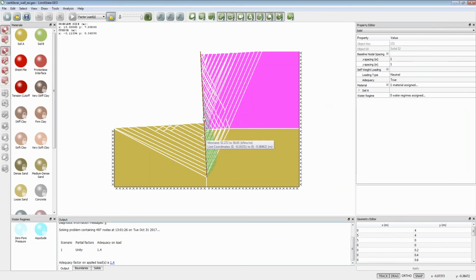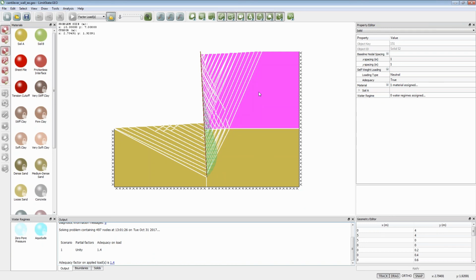It's showing me the mechanism, and it's showing me the bending moment distribution. If I hover above these points, I can see what the bending moment is. But you have to remember that that bending moment distribution corresponds to the problem where the weight of this block of soil has been increased by a factor of 1.4.